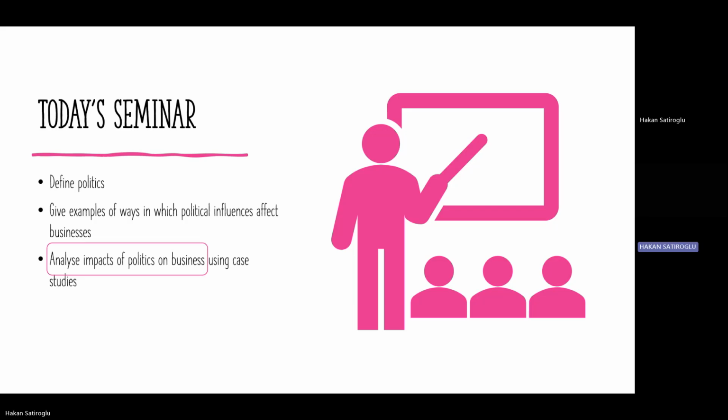I would like to add some extra slides about this, analyzing the impact of political decisions on business. This kind of learning is going to help you when you are analyzing those questions. Obviously, I add more extra information as well.